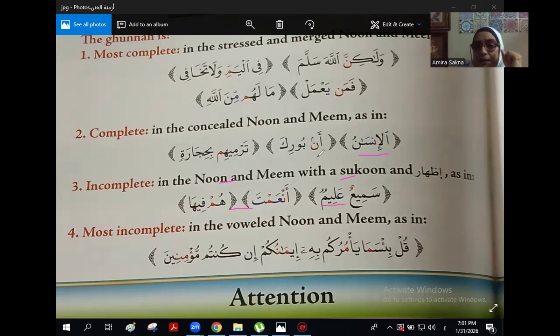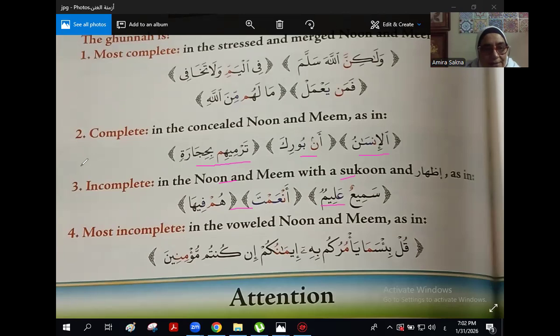"Al-insan". Here it's also concealed. "Anbuurik". "Tarmihim". The time of concealed noon and meme, ikhfa, is a little bit less than the time of pronouncing noon with shadda, meme with shadda, and idgham.